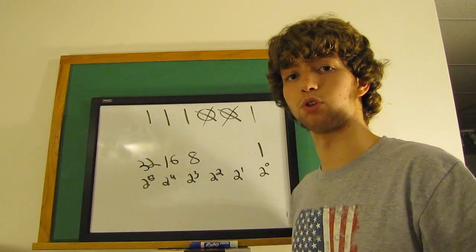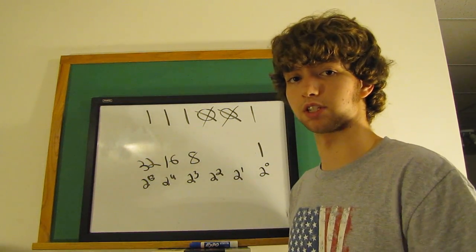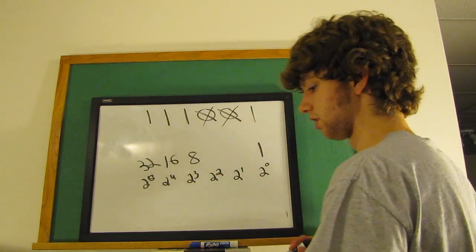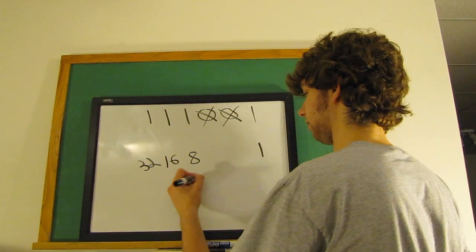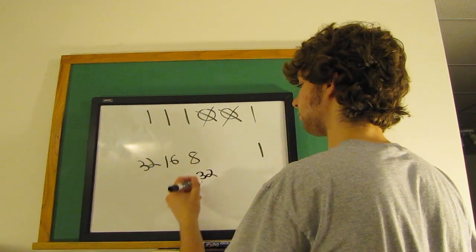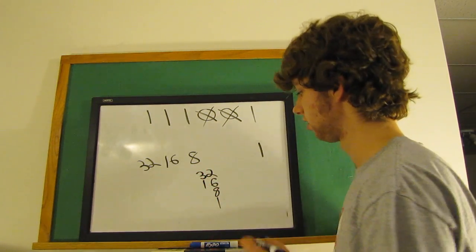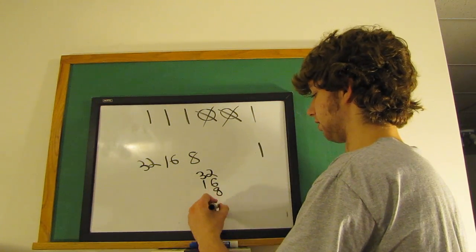So the binary system multiplies by 2, where the decimal system multiplies by 10, because we're in base 10 versus base 2. So then all we have to do is add these numbers up. Alright, so we got 32, 16, 8, and 1. Well, 8 and 1, that's 9, so I'll leave that there so we don't screw it up.